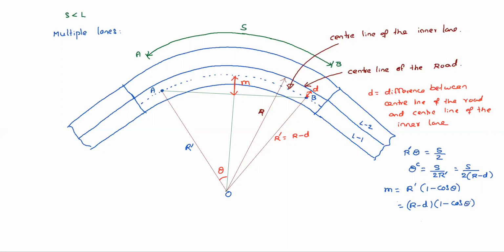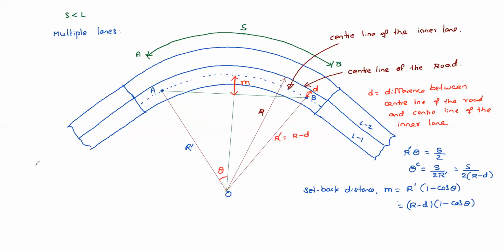That is the setback distance M. Setback distance M equal to R dash into 1 minus cos theta, that is R minus D into 1 minus cos theta. So D is the difference between the center line of the road and the center line of the inner lane.